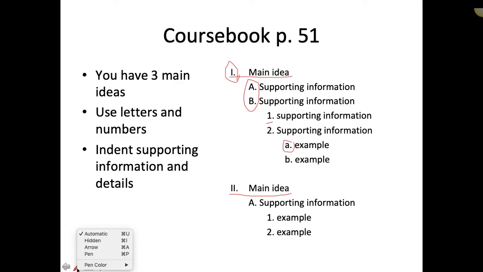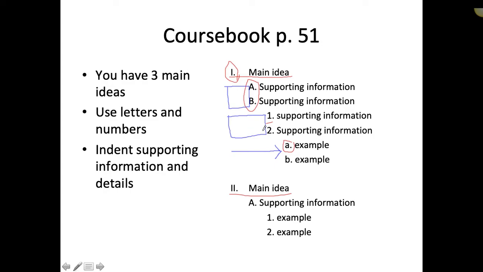And next, we indent. Indentation makes it really easy to see and follow. So indentation is this space here. And then to make it really easy to find the next idea, I indent more. So indentation is going inside to the right.